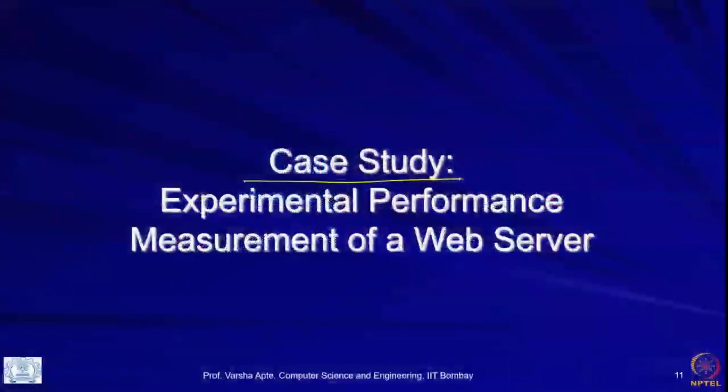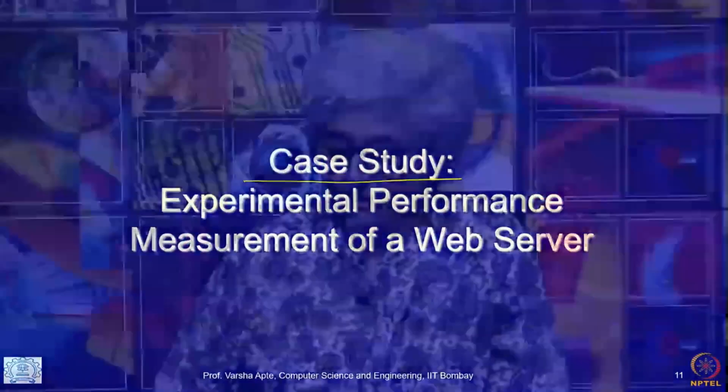The last thing that I wanted to do today was to actually start one case study. The case study is of experimental performance measurement of a web server. See, so far in this course we have learnt a lot of theory, but the theory is not for the sake of theory.